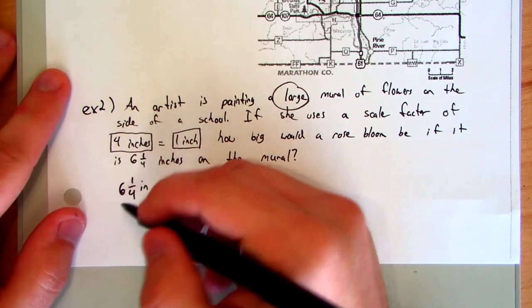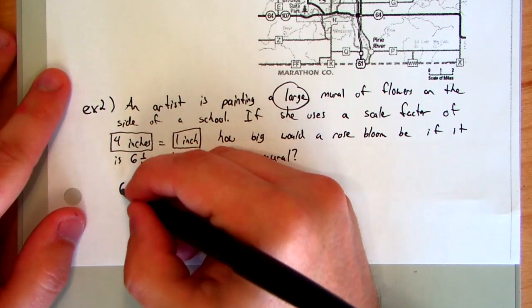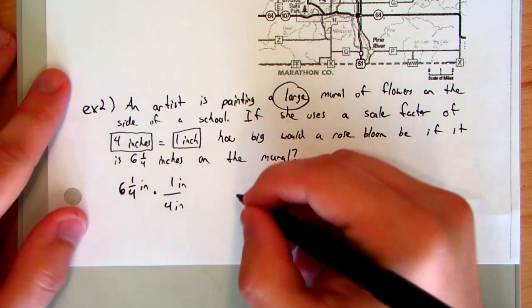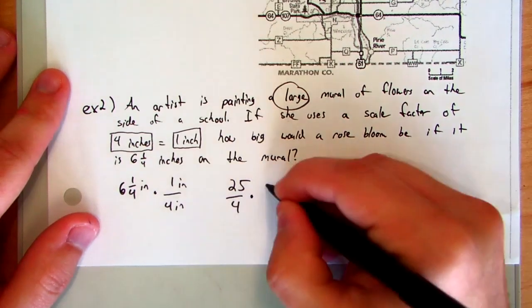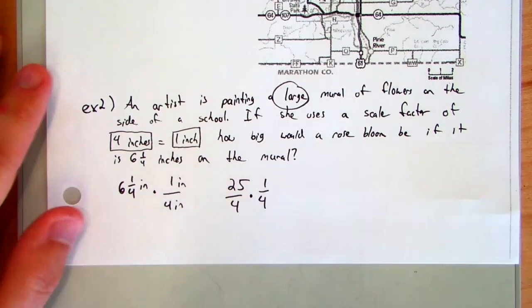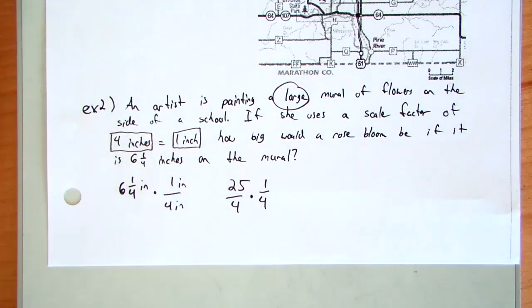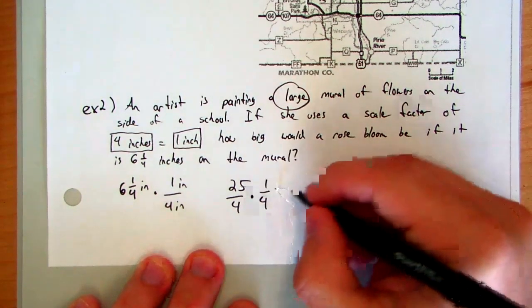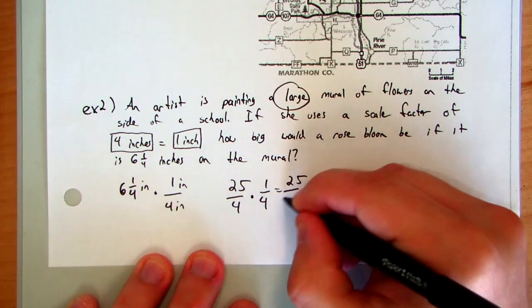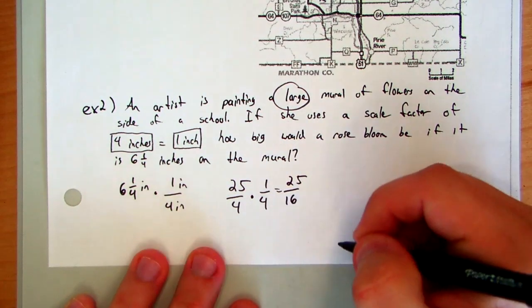Now, when we start multiplying fractions, we want to get this to be a mixed or an improper fraction. So if you recall, 6 times 4 is 24, plus the 1, this would be 25/4 times 1/4. Which means this is going to be 25 in the numerator, 16 in the denominator.